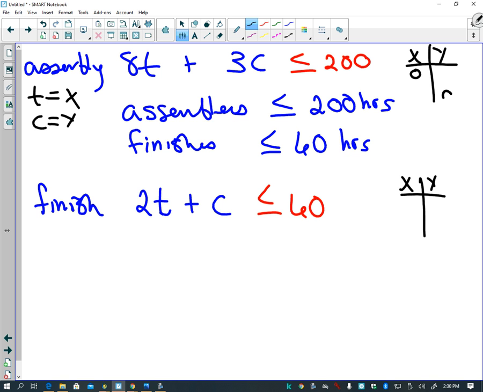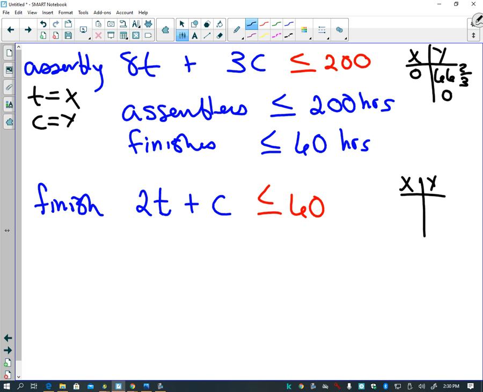And if I want to know what the x-intercept is, I'm going to plug in 0 for y. So for the y-intercept, I'm plugging in 0 for t, so it's 200 divided by 3. What's 200 divided by 3? Okay, so 66 and 2/3.